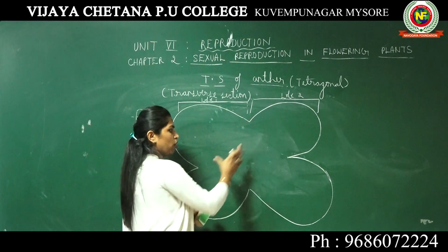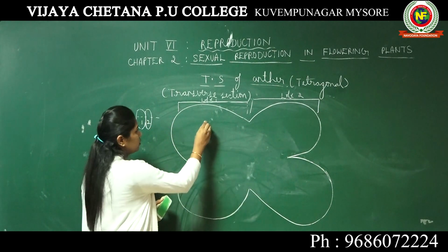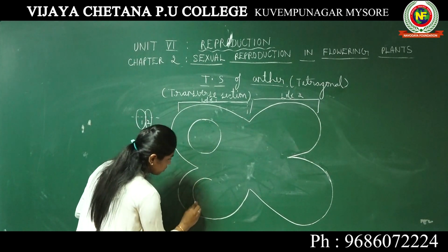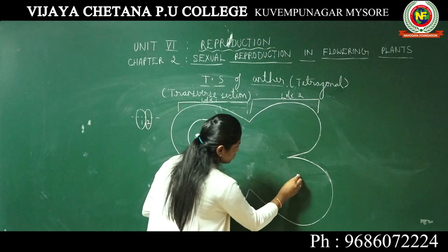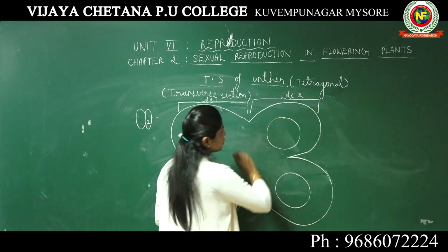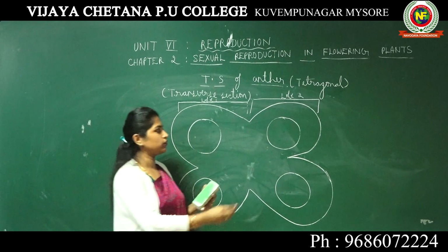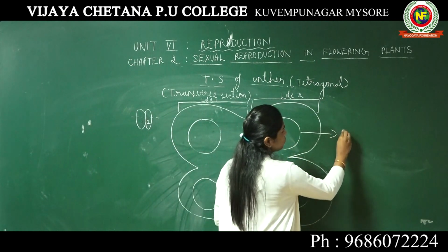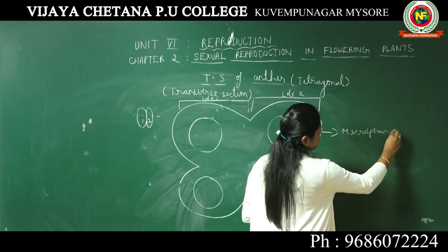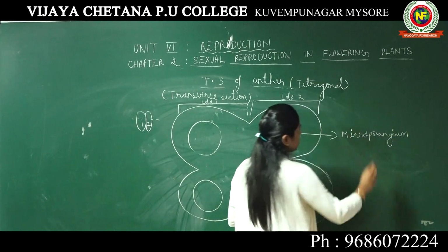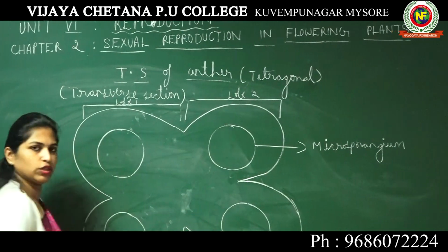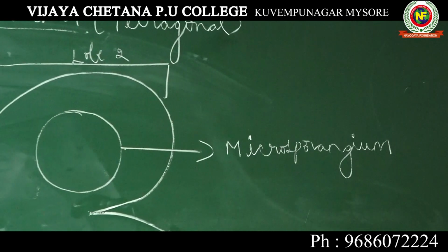In all the 4 corners, this anther has a circular shaped structure which is known as microsporangium.